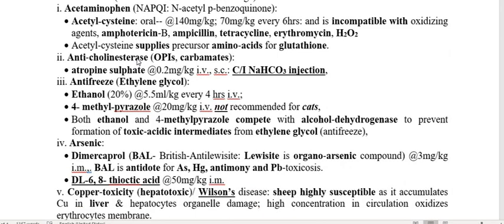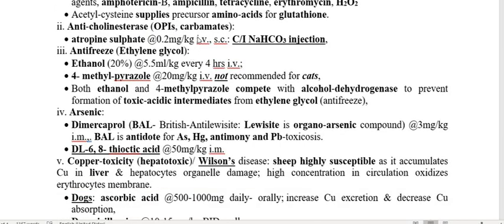Now we have to go through the toxicity because of organophosphorus insecticide or carbamate toxicity. What is the mechanism of toxicity of these two? They inhibit the enzyme acetylcholinesterase, and therefore these are called anticholinesterases.